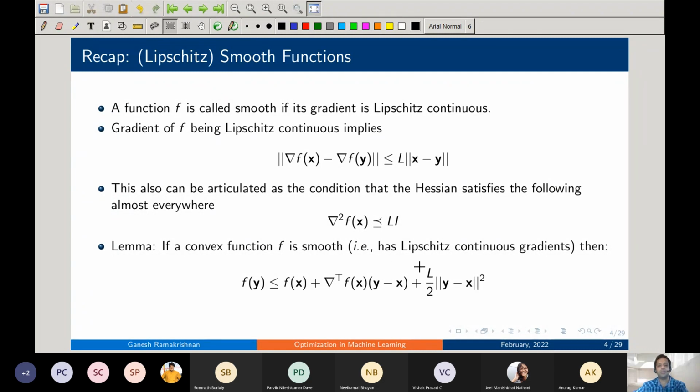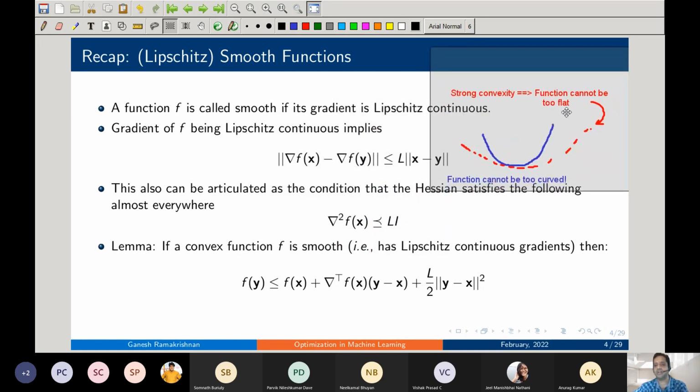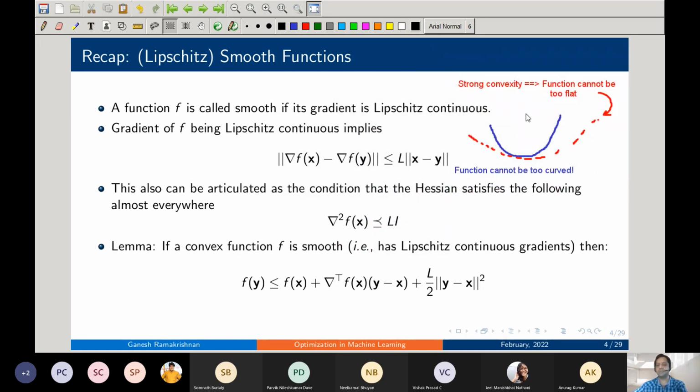Recall that in the case of strong convexity, we had a quadratic lower bound. Basically, the function cannot be flatter than something. Whereas here we had a quadratic upper bound. This was discussed before, so I'm not going to recap it, but this was the idea. The function cannot be too flat, and now we have come up with an analog of that.